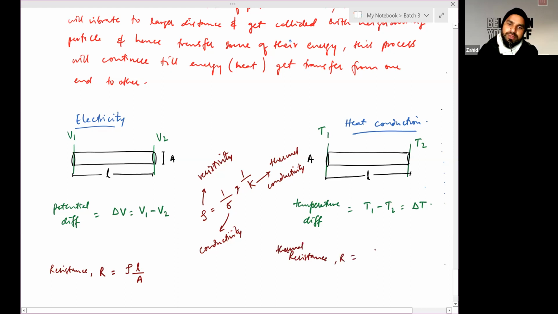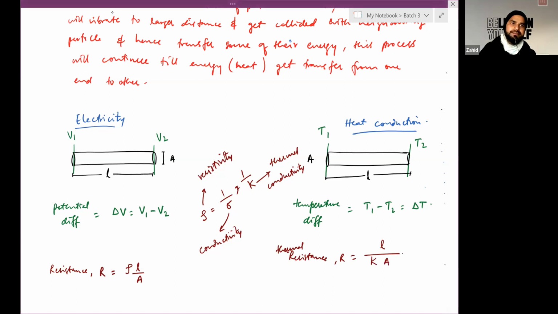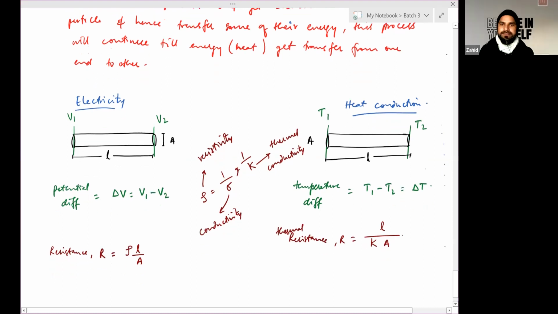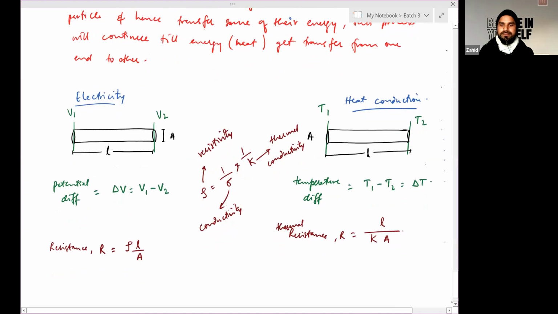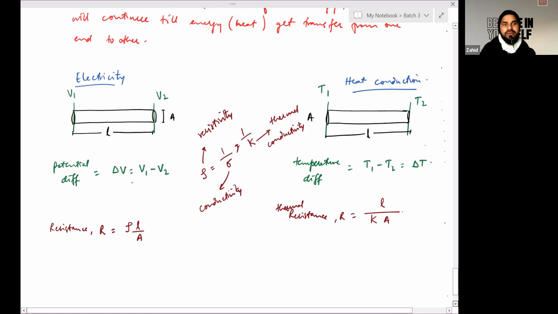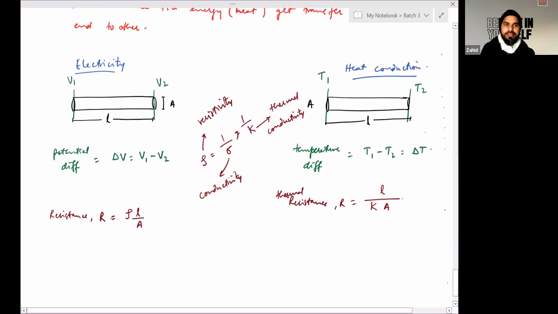So R equals L, rho is 1 by K, times A. Riba, is it clear? Nida, any doubt? No. Okay.